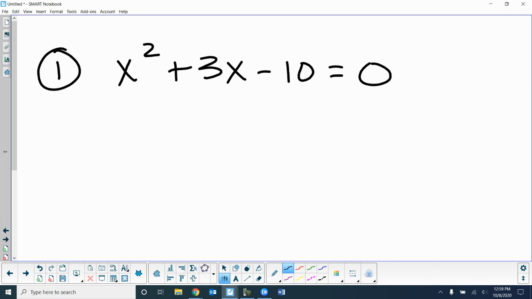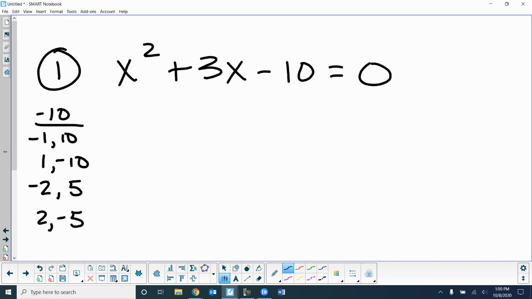It's got 4 things. So this one's an easy one, because what's the A value? 1. So all I'm worried about is the C value. Factors of -10. I got 4 pairs that'll give me -10. Then I add each pair until I get a +3.